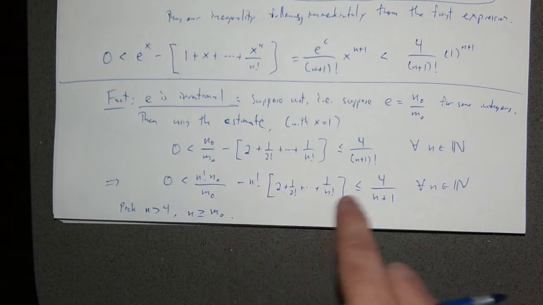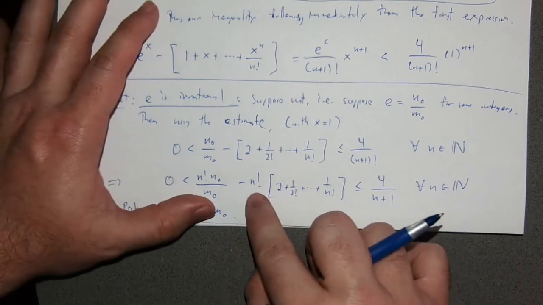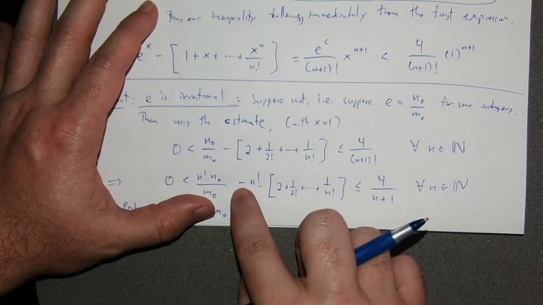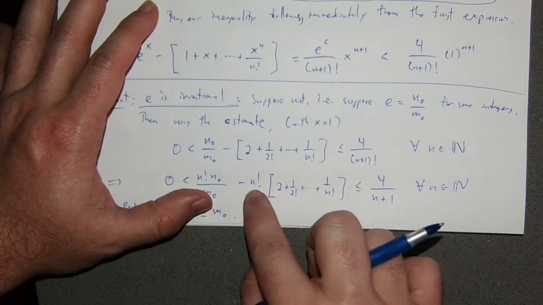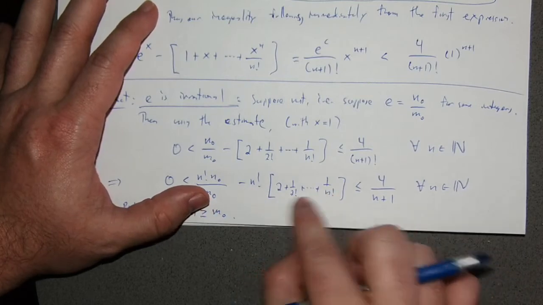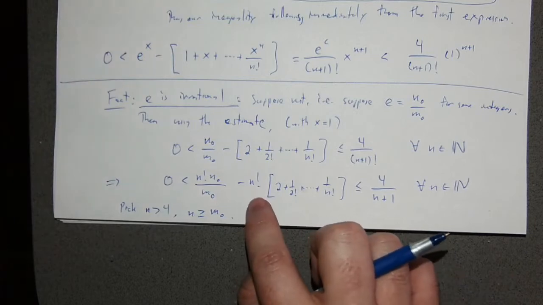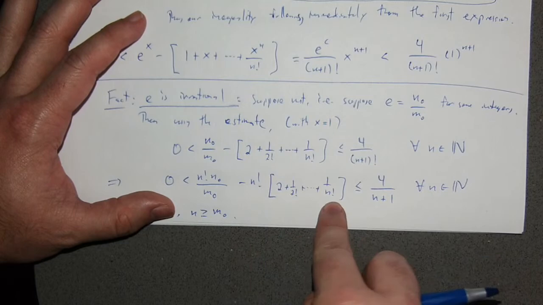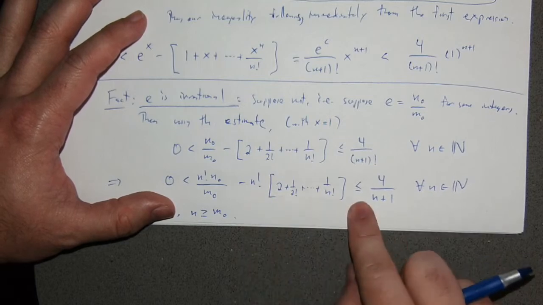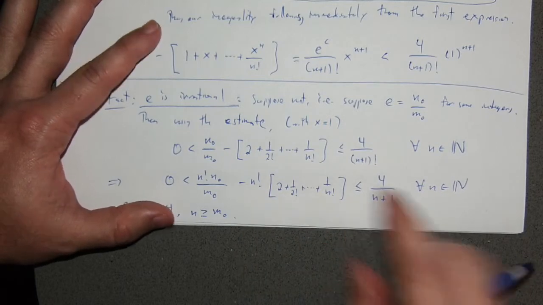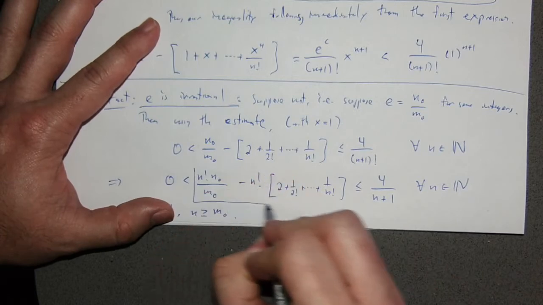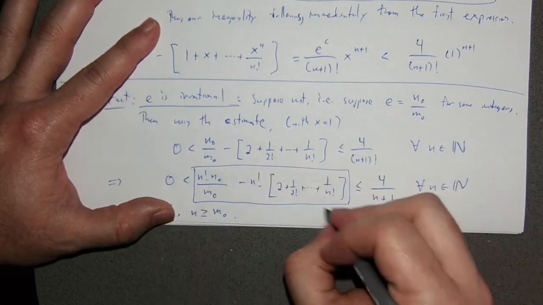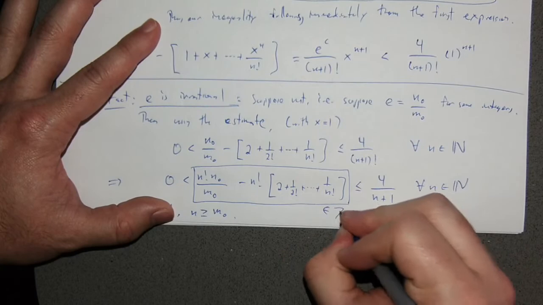Now this becomes important because I look at this term and I'm subtracting here a thing that has to be an integer, because I'm multiplying by n factorial. The largest denominator showing up in this expression is n factorial. All those denominators get cleared out. And so this entire thing in the middle must be an integer.